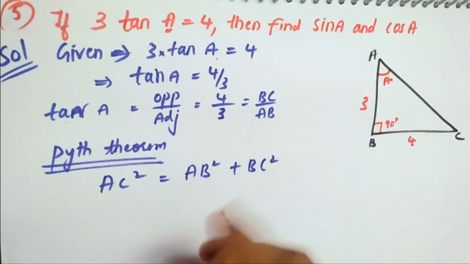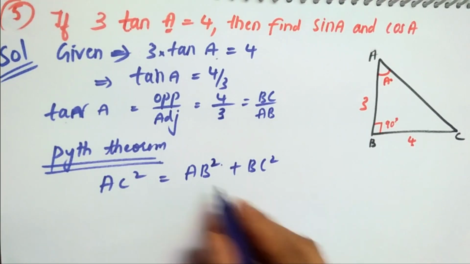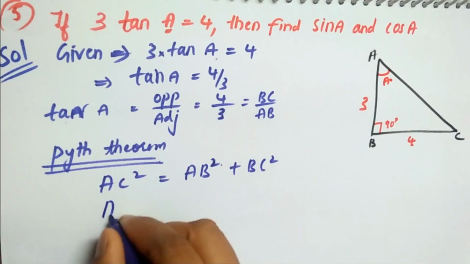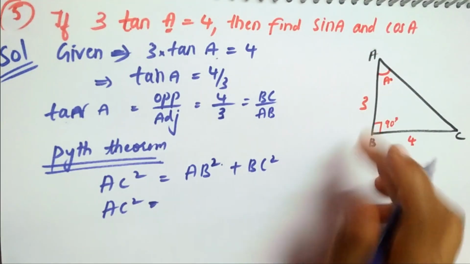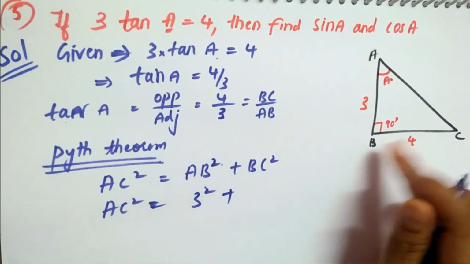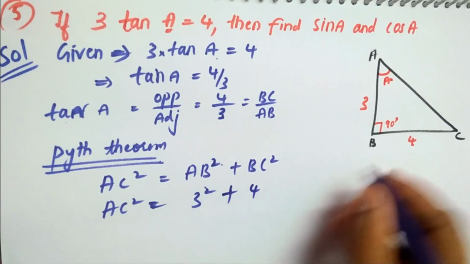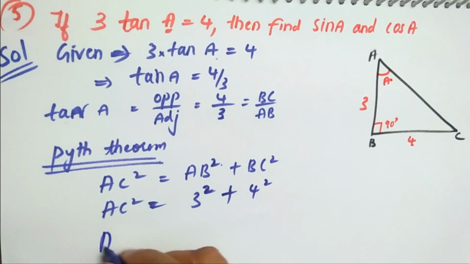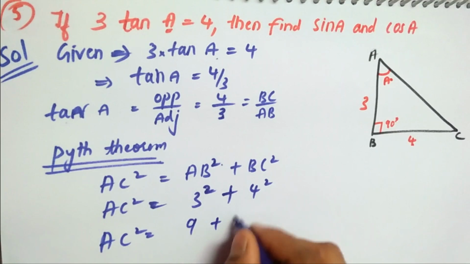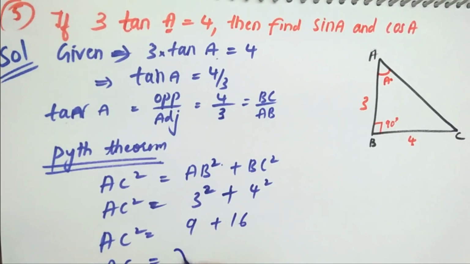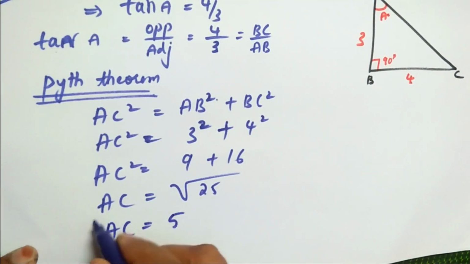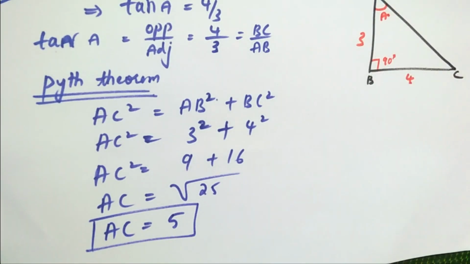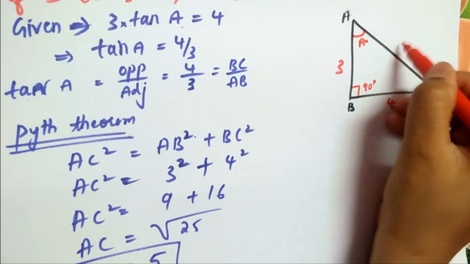AB is 3, so 3 square, and BC is 4, so 4 square. So AC square is equal to 9 plus 16, which is 25. AC is root of 25, which is 5. We got AC as 5.